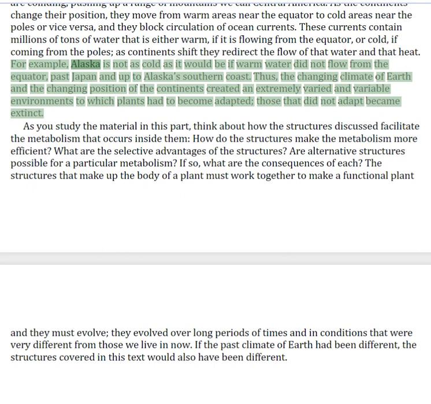For example, Alaska is not as cold as it would be if warm water did not flow from the equator, past Japan and up to Alaska's southern coast. Thus, the changing climate of Earth and the changing position of the continents created extremely varied and variable environments to which plants had to become adapted. Those that did not adapt became extinct.